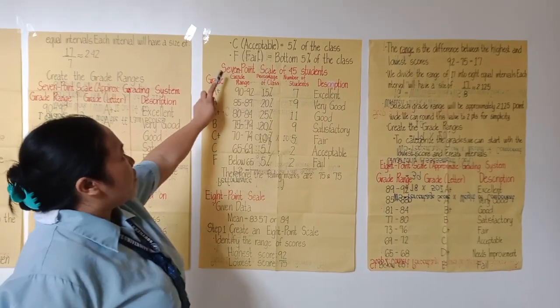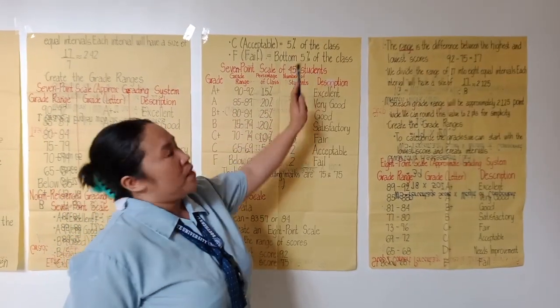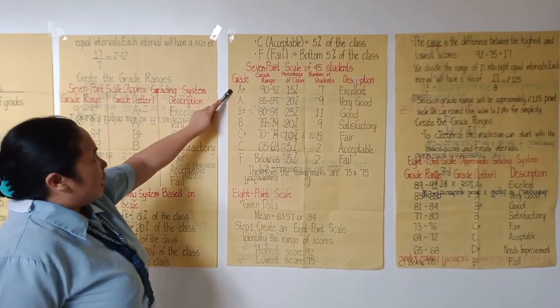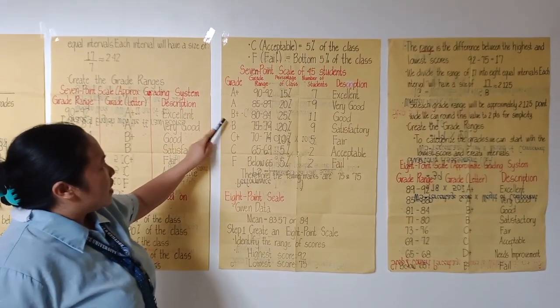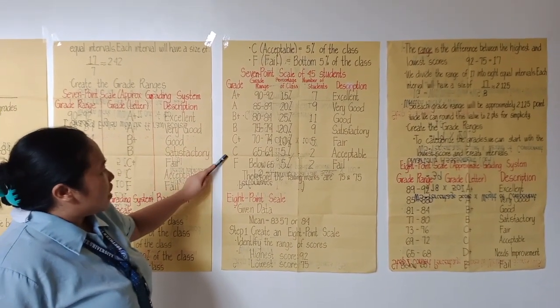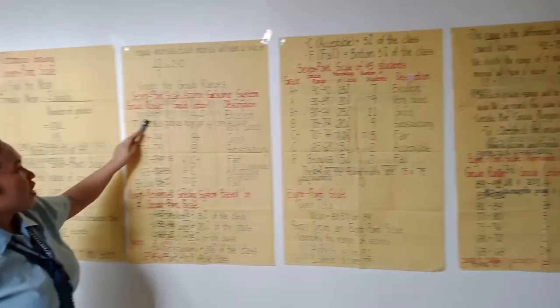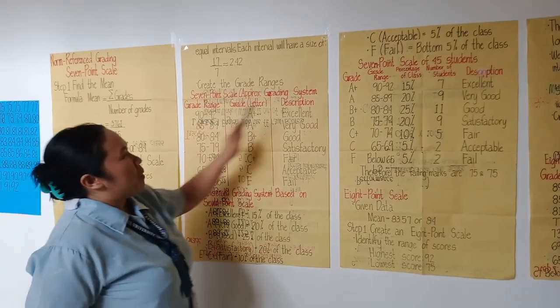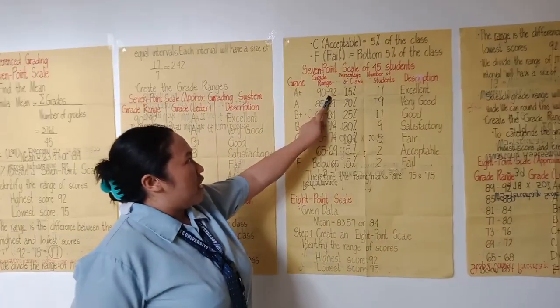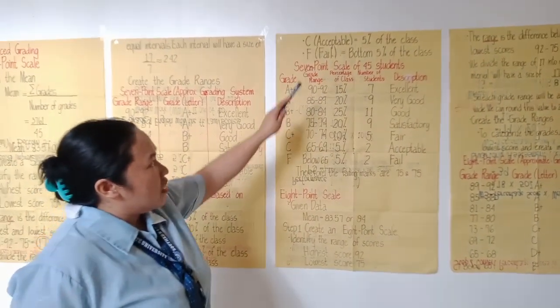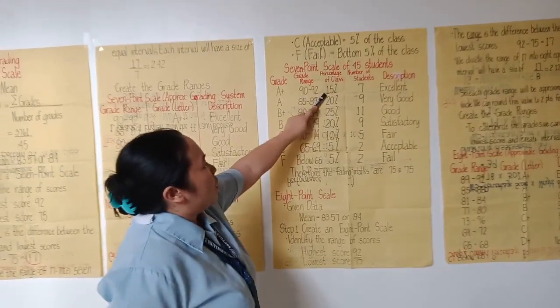And then the 7-point scale for 45 students. So here is the grade range from A plus, A, B plus, B, C plus, C, and F. As you can see here, A plus corresponds to the 90 to 92 grade range. So the percentage of the class in 45 students is 15%.